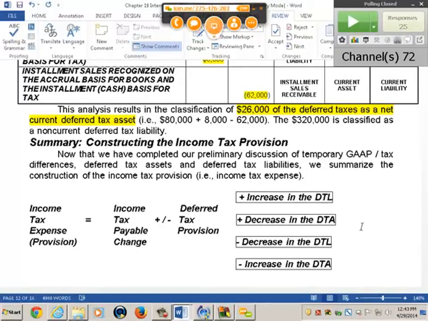And when you pay off the liability, or if you increase the DTA, you actually reduce tax expense. You pay more, but you reduce the tax expense. So again, a lot of people like these flashcard kind of things, so I throw them in. I know it helps, and that's why they're there.